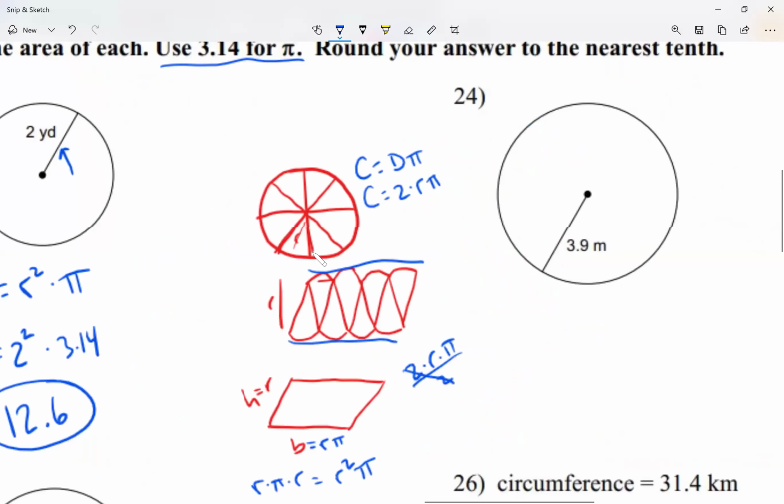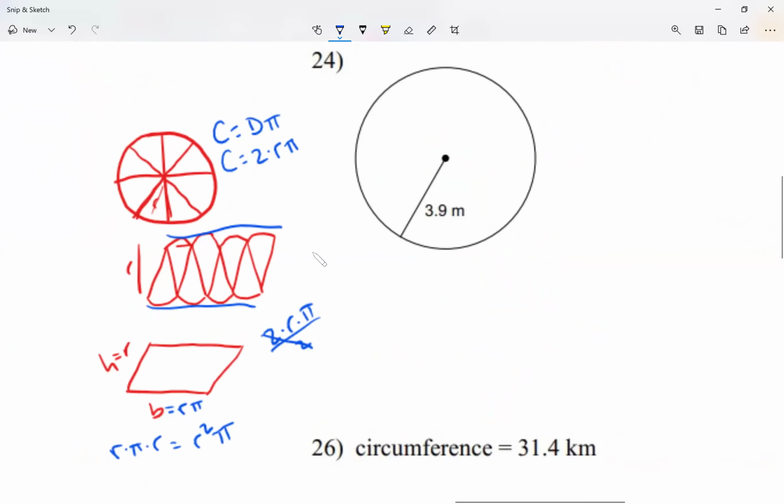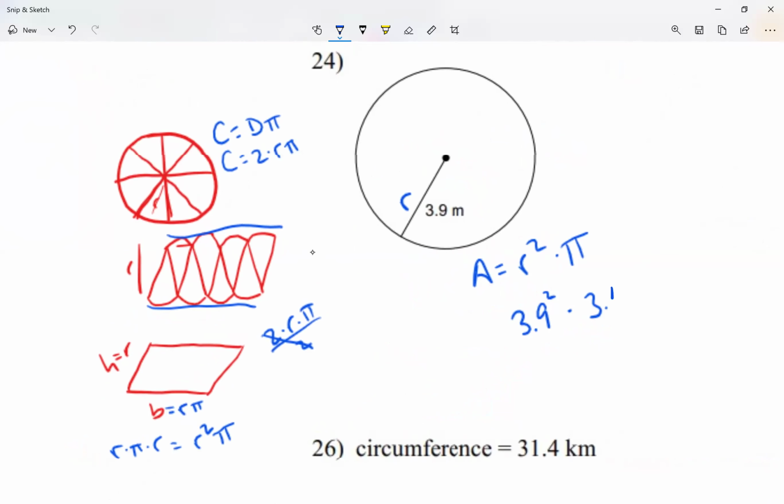Let's take a look at number 24. This is the radius. The radius is 3.9. Now just remember the area is radius squared times pi. So I'm going to go 3.9 squared times 3.14. Let me grab my calculator.